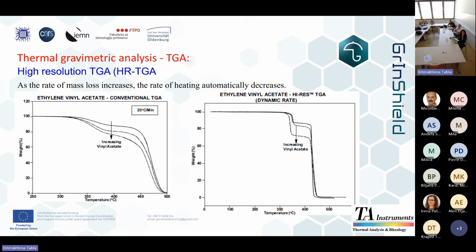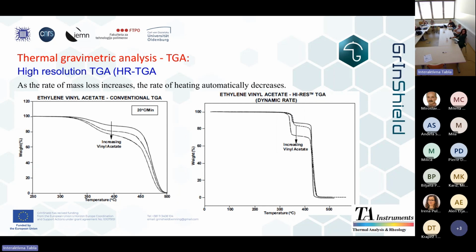So from this we can actually see how many percent of vinyl acetate we have. However, it's very hard to put a border on this curve. So we can use this dynamic measurement.